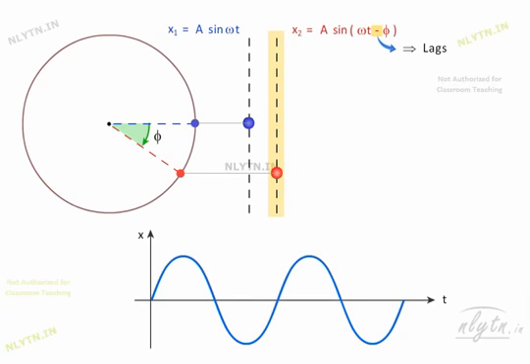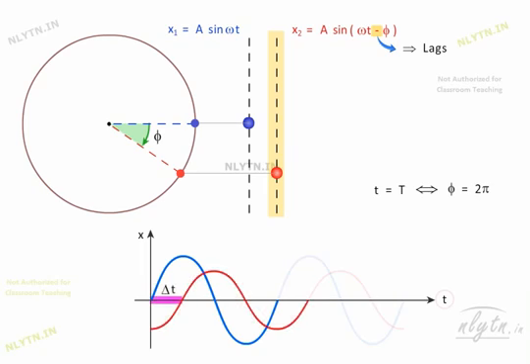If we plot these equations, then this SHM will be shifted towards right by an equivalent phase difference of phi. As this graph is in terms of time, and one cycle of 2 pi rotation is equal to time period T, so the graph of this SHM will be shifted by this amount, and it will be shifted towards right because it will achieve its maximum value after this SHM achieves its maximum value.